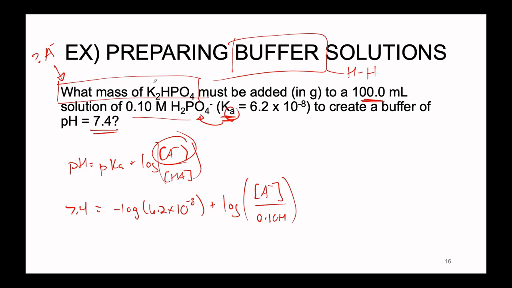The second clue is that the H2PO4 had one more hydrogen than the HPO4. If we get rid of this K2, this whole thing is going to have a 2- charge, meaning that it has lost one of its hydrogens. So that's what tells us that this molecule right here is the A minus, or the conjugate base of the weak acid that we are going to be studying. So from here, it's going to be a matter of algebraically rearranging and solving for what our A minus is. So let's do that math.